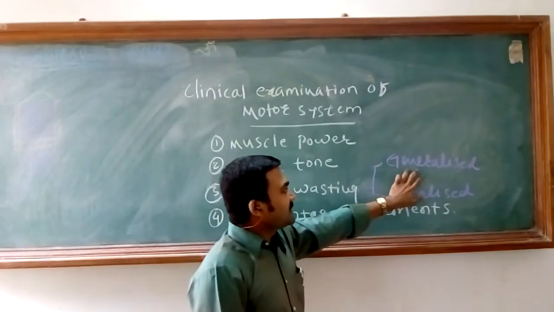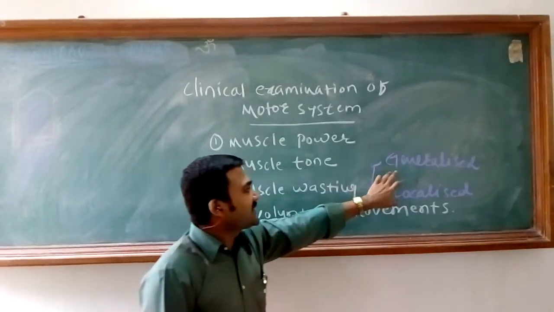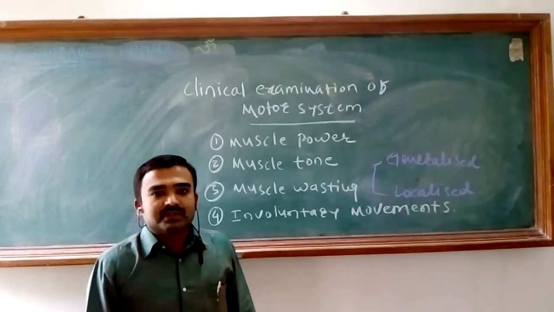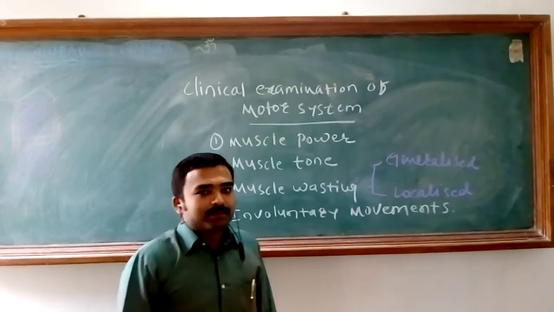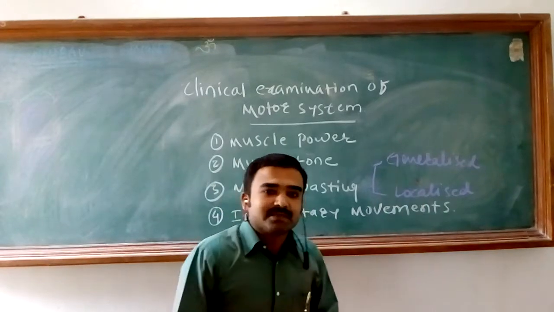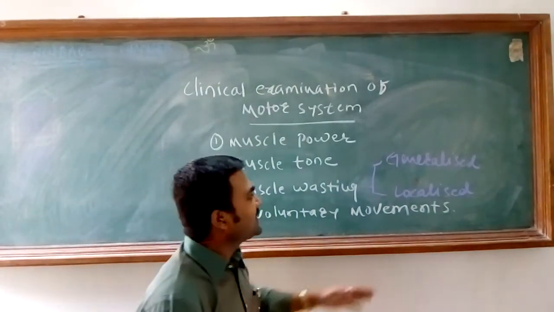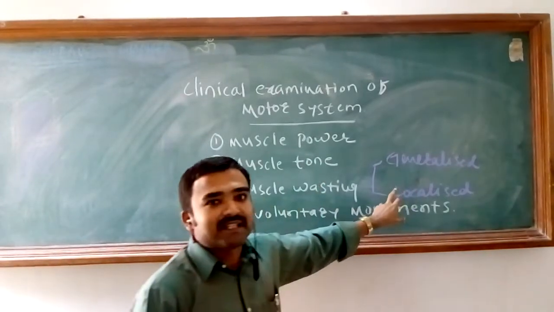If you come across generalized muscular wasting, what are the common causes? The most important cause is malnourishment. In diseases like protein energy malnutrition, you know about marasmus. Children with marasmus have generalized muscle wasting.